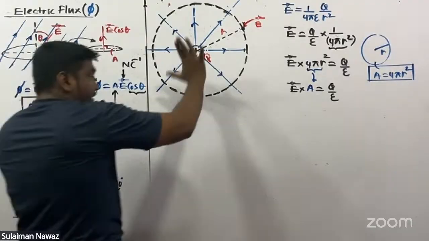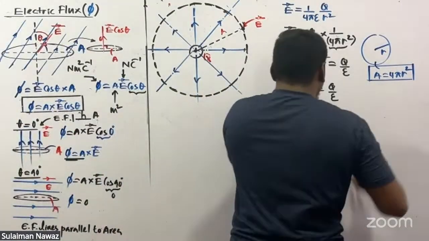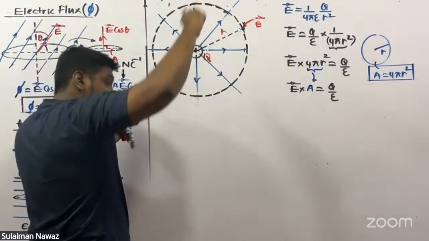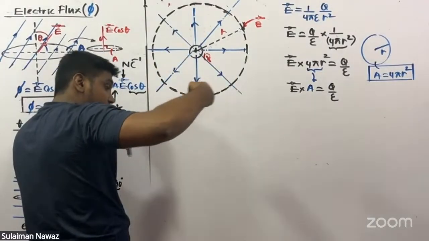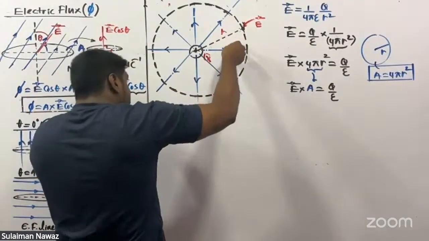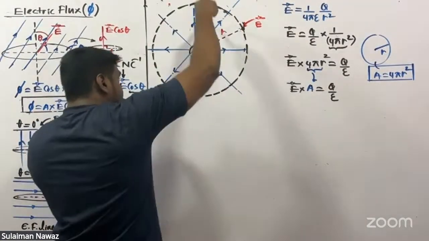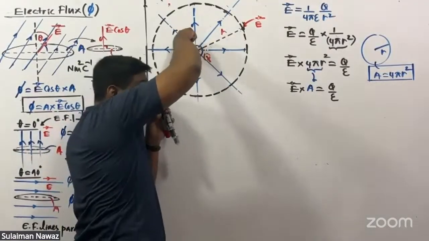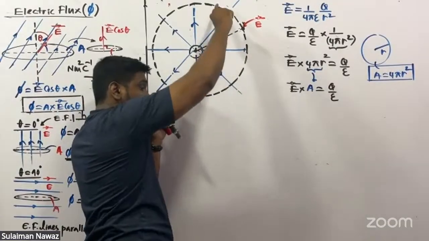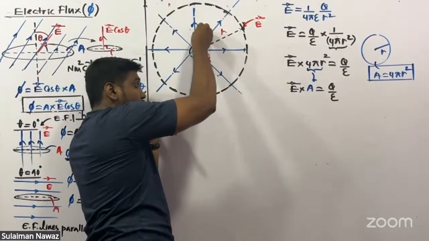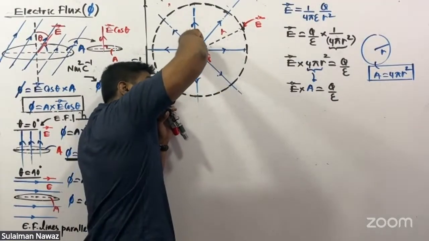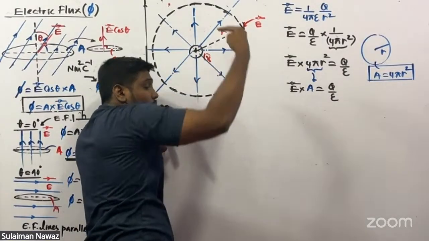Here also, what's happening? If you carefully look, just imagine a sphere and the way electric field lines are passing through the imaginary sphere. That's obvious. We can see that electric field lines are passing through this imaginary sphere. Remember, electric field lines are perpendicular to the surface area also.